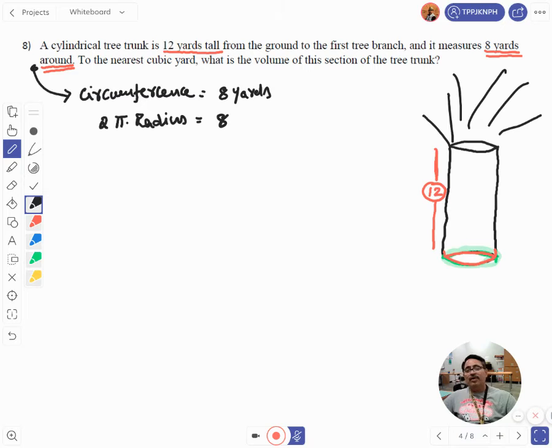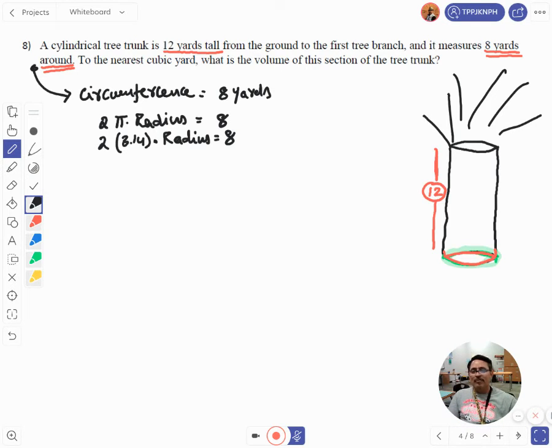Now, can you figure out the value of the radius? Yes, you can. Before that, let me do some calculations. The value of pi is 3.14, so 2 times 3.14 times radius equals 8.